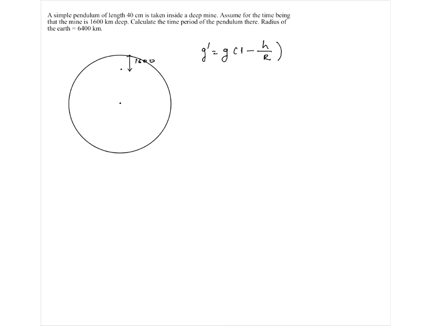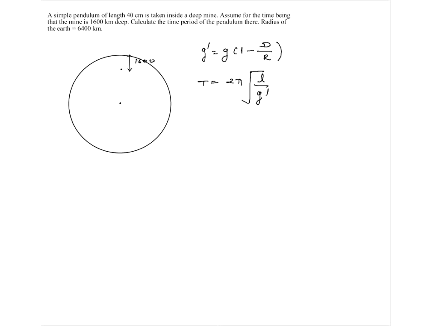Maybe I can take D for depth. Well, in that case, it is as simple as putting the values 1600 for D, 6400 for R, and then using the formula for time period, which is T equal to 2 pi under root of L over g dash.